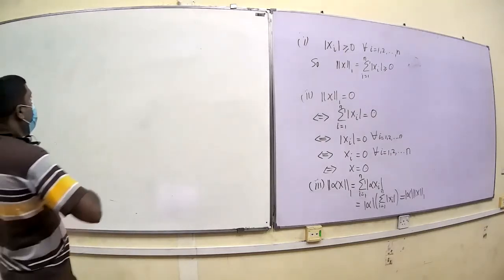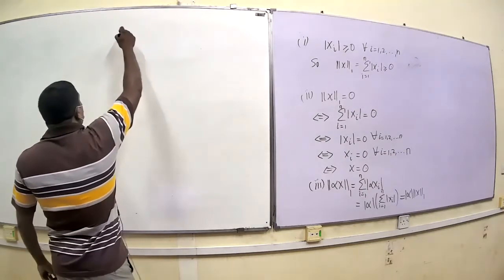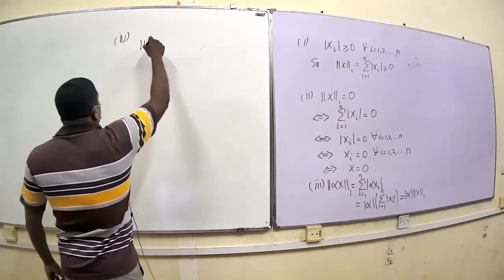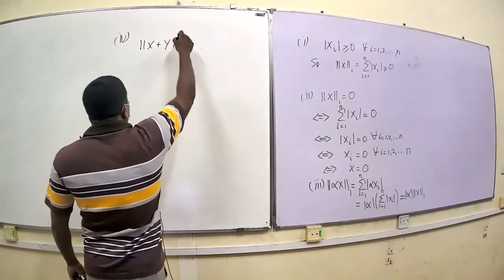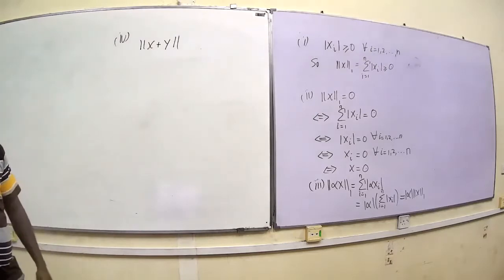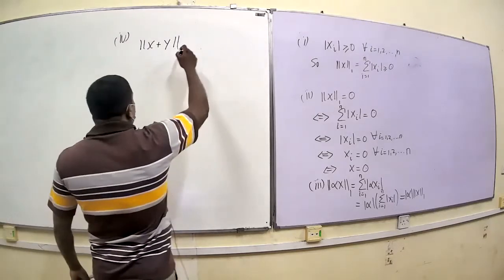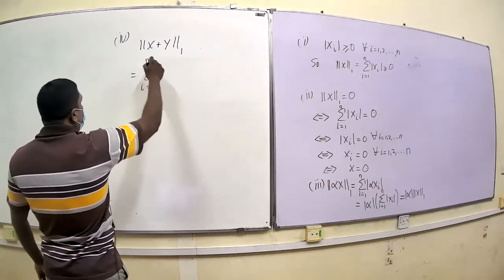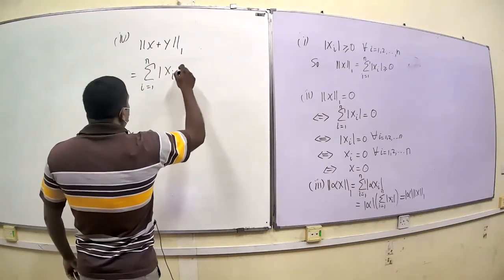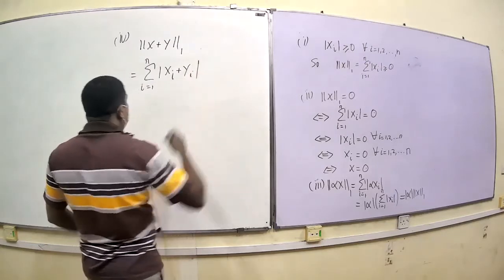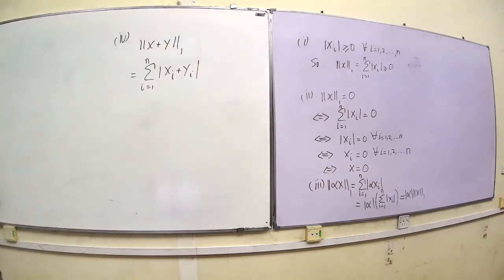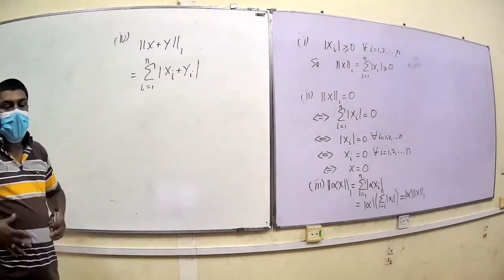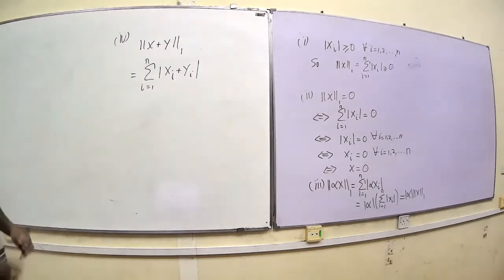Okay, triangle inequality. Take x plus y, and the norm of x plus y. So this is the same as the summation of the absolute value of xi plus yi, because the xi's are the components of x, and you can define yi as the component of y. So x plus y is xi plus yi, right?